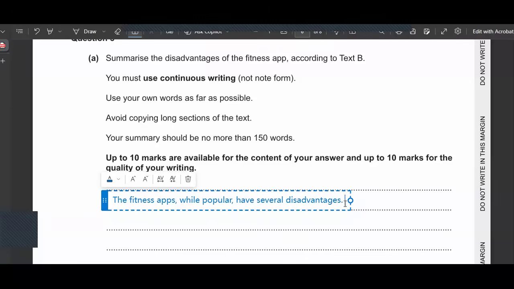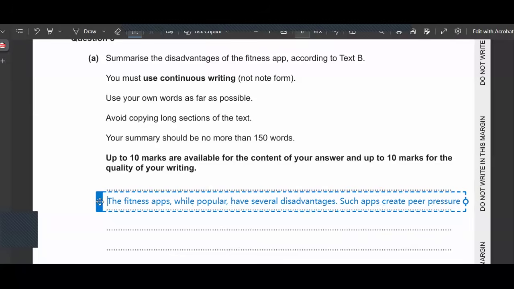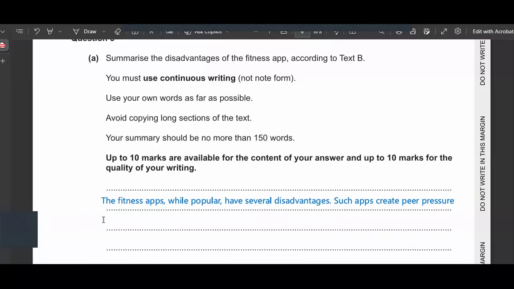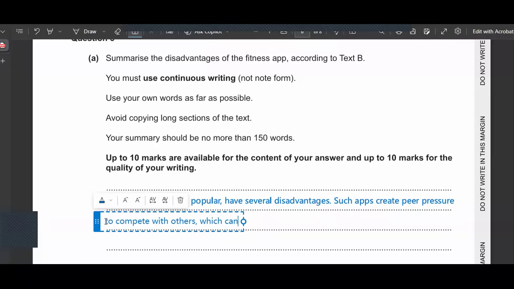So to continue, you can say such apps create peer pressure to compete with others, which can reduce enjoyment and causes stress. Constant comparison.